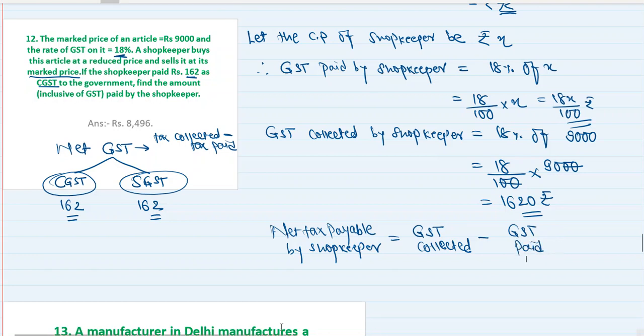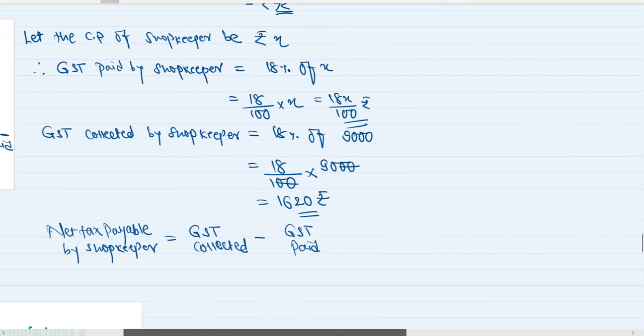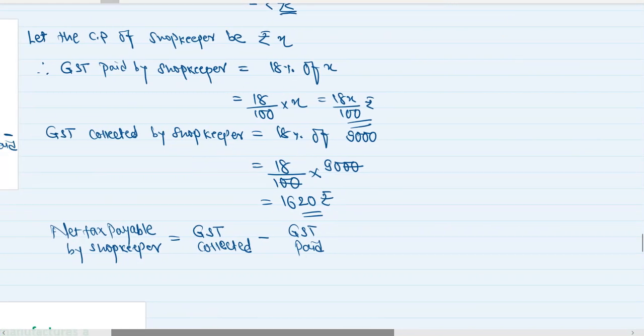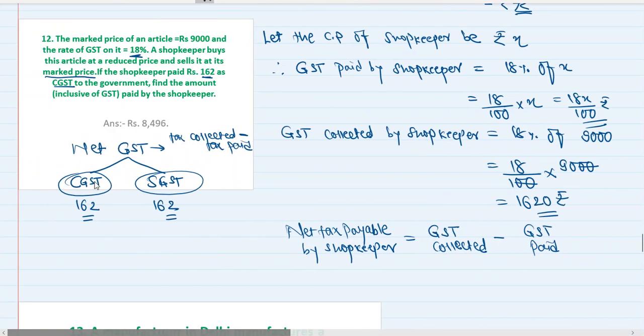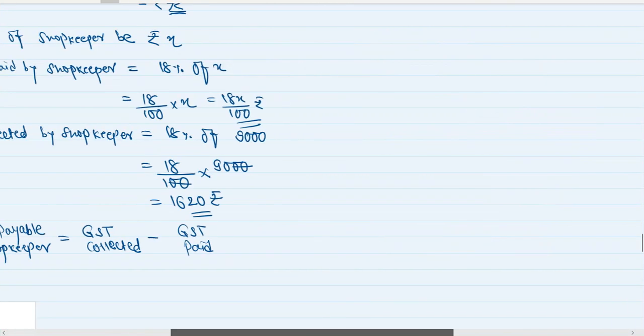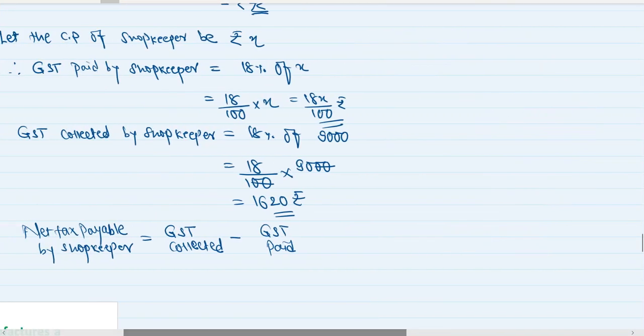Now remember one thing, net tax payable by the shopkeeper. See, he is paying rupees 162 as CGST, and as I told you, CGST and SGST both are 162. So net tax paid by the shopkeeper is 162 plus 162, that is 324. So I will write 2 into 162 is the net tax paid.